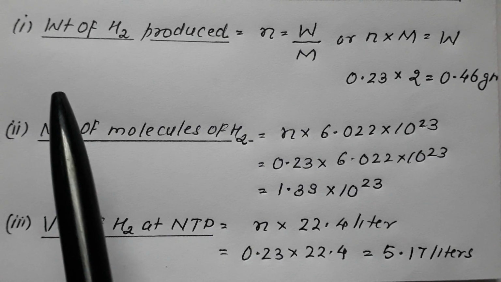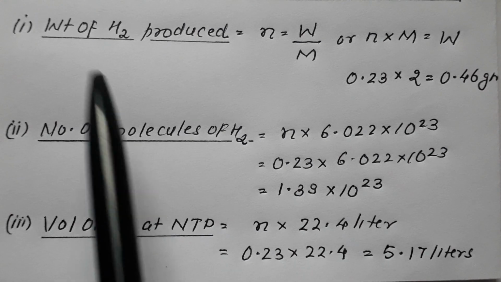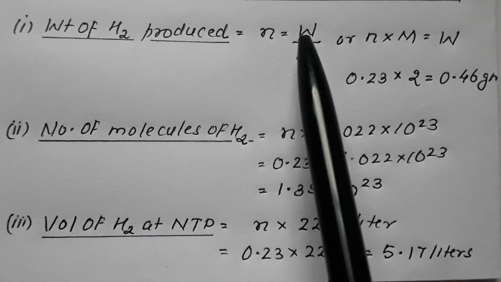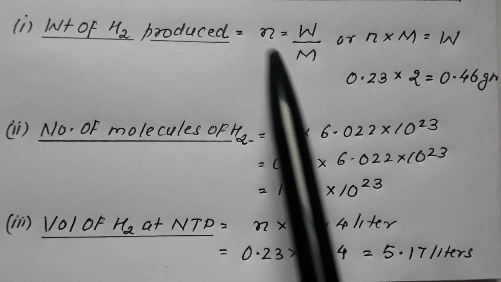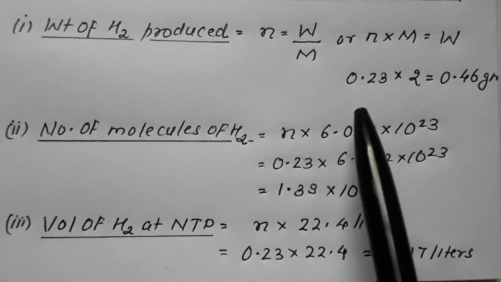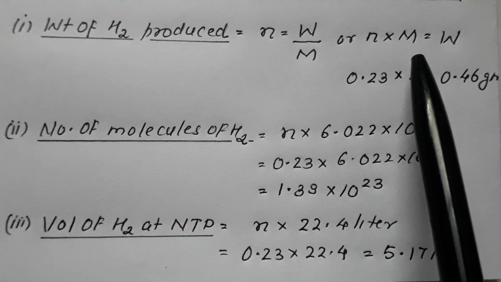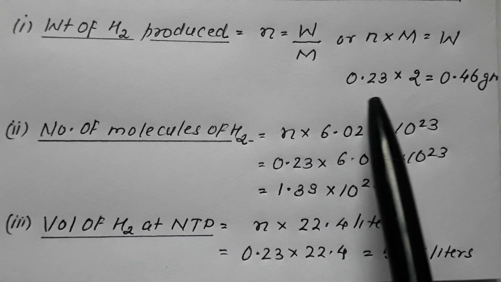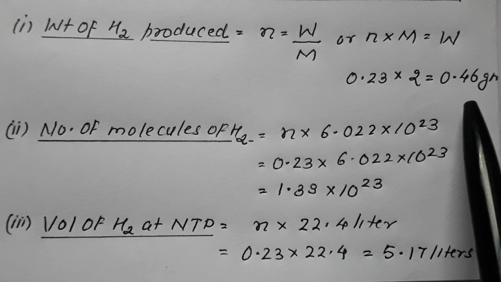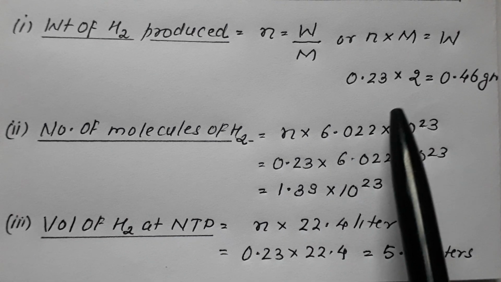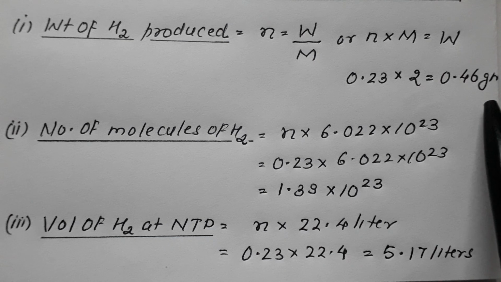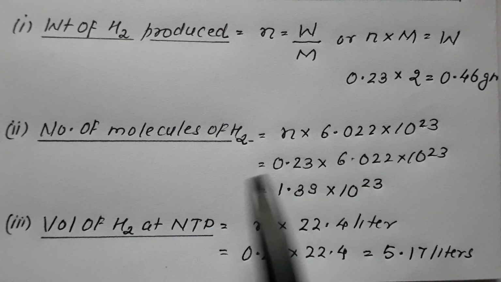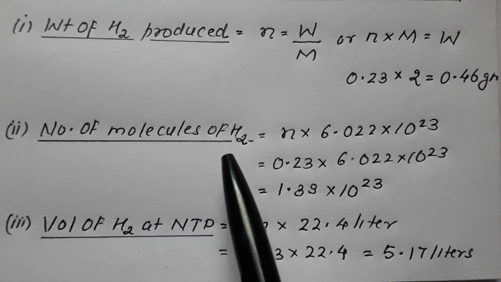Now what would be the weight of hydrogen produced? Since N is equal to W by M, or N into M is equal to W, N is 0.23, molecular weight of hydrogen, atomic weight is 1 into 2, so it is 0.23 into 2, that is 0.46. So the weight of hydrogen produced is 0.46 grams. Next is the number of molecules of hydrogen produced.